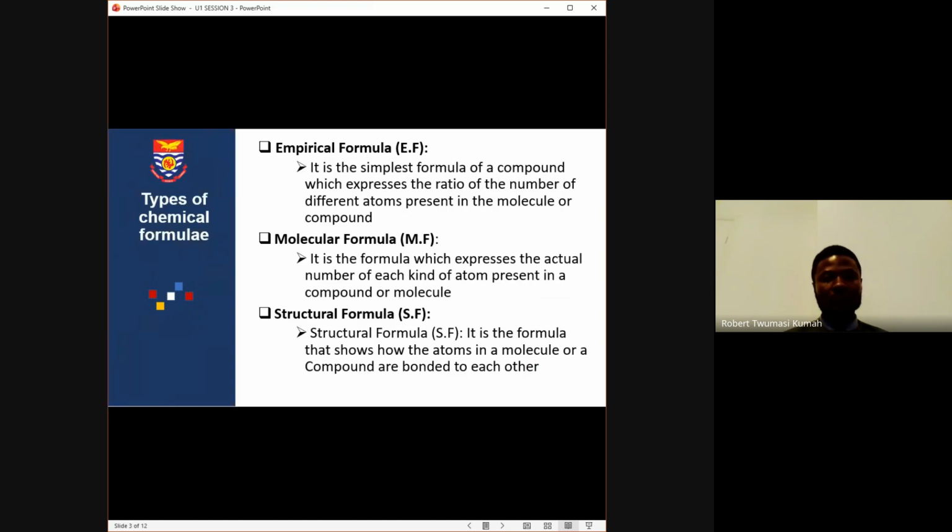So we have three types of chemical formula. We have the empirical formula, the EF, we have the molecular, and then we have the structural formula.